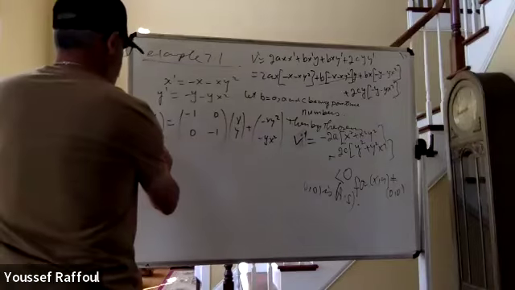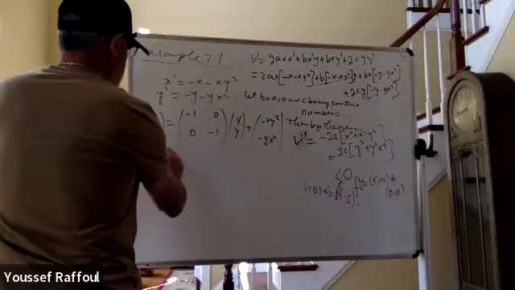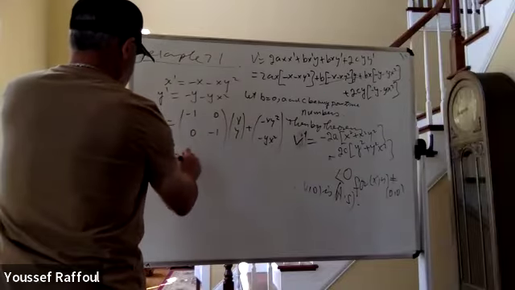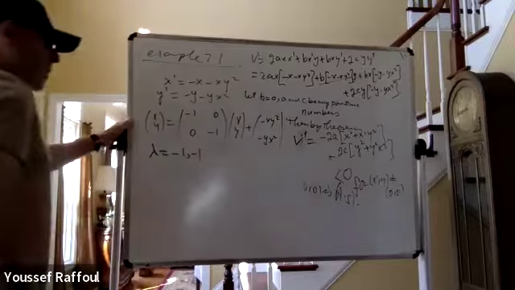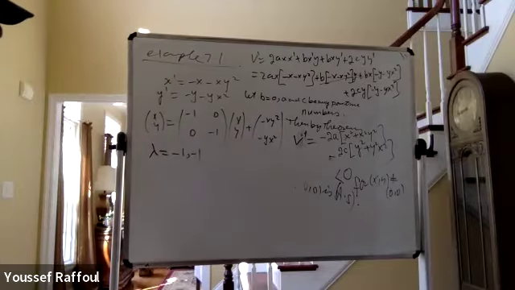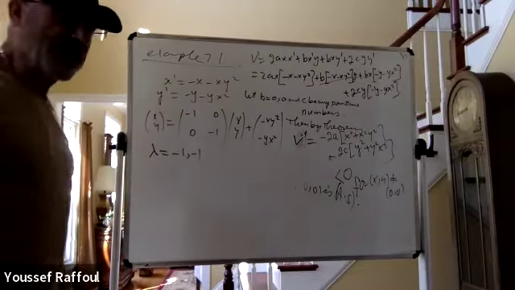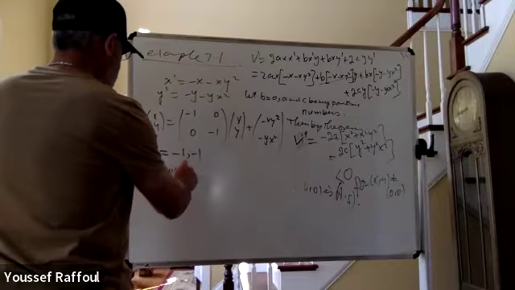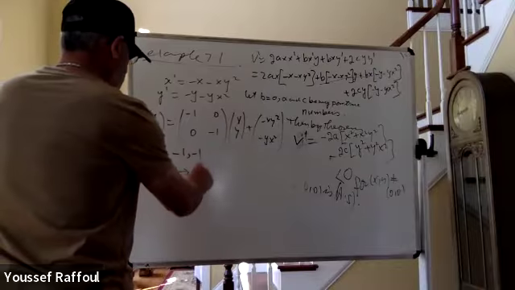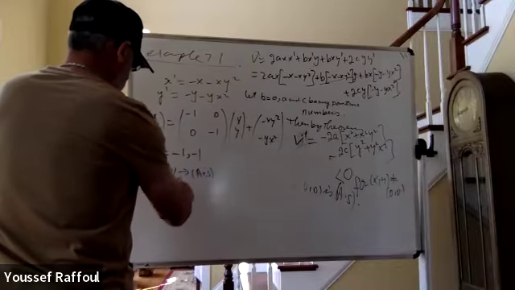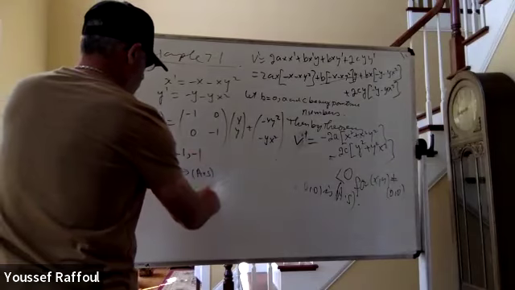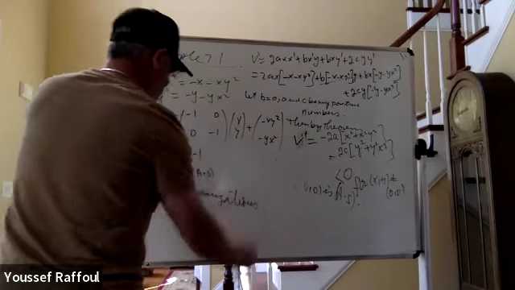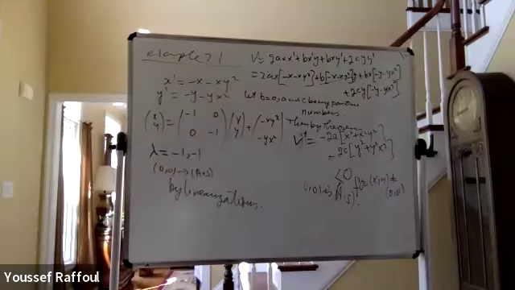Then if I look at it, you see lambda equal to minus 1, minus 1. So by linearization, the zero solution is asymptotically stable. Okay? So there we go.